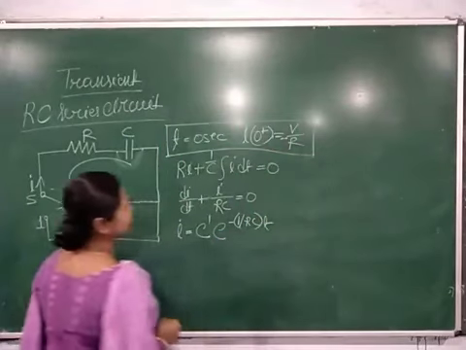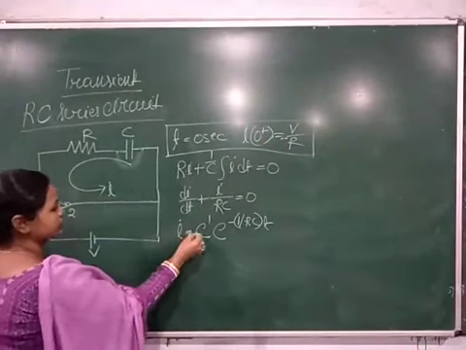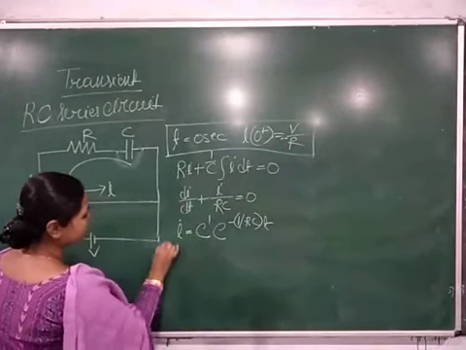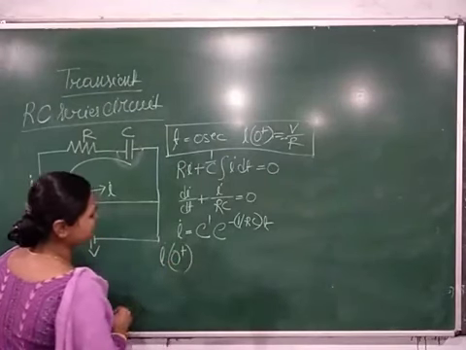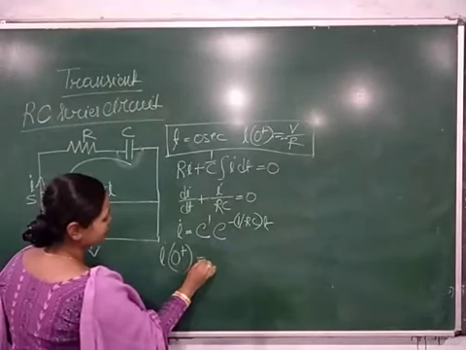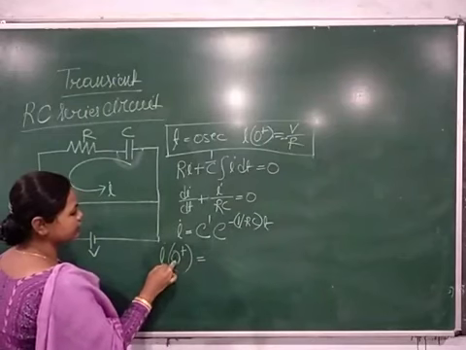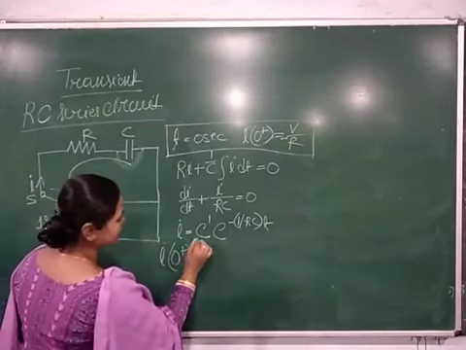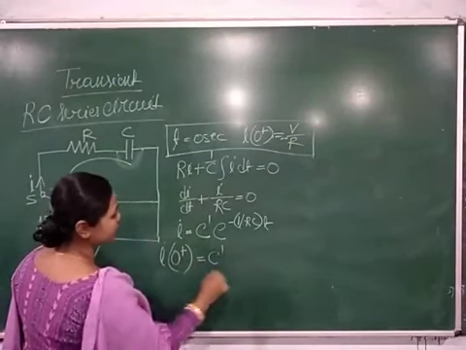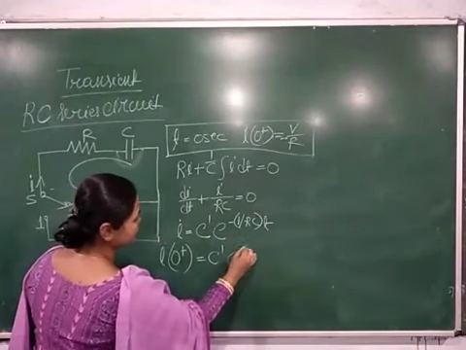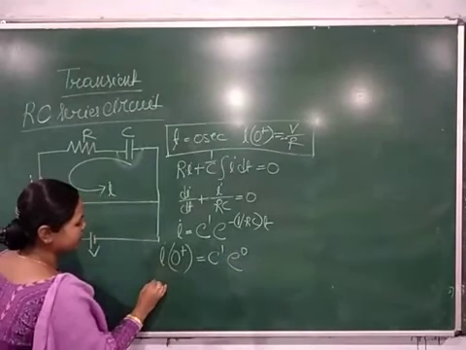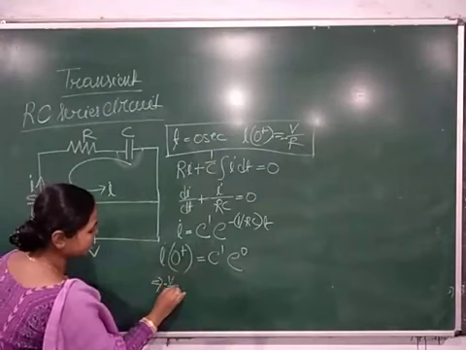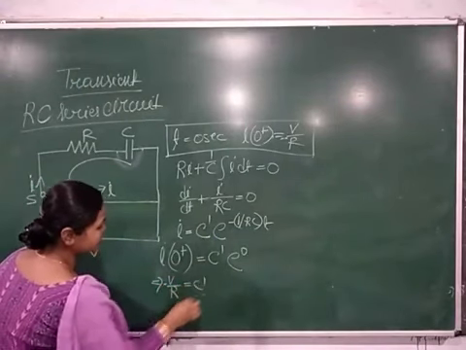By taking this initial condition you find the value of C dash. Just after switching, means at 0 seconds, t is 0 so the exponential becomes 1, and this value is minus V by R, that is equal to C dash.